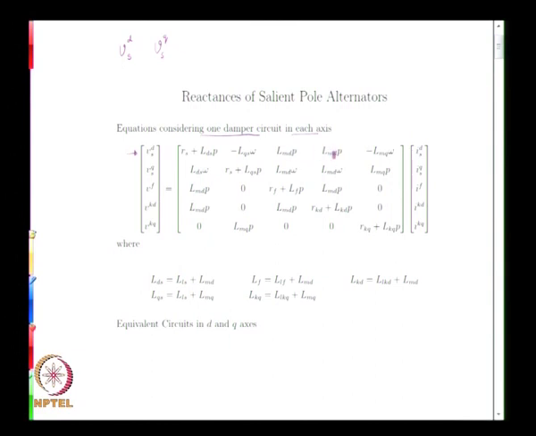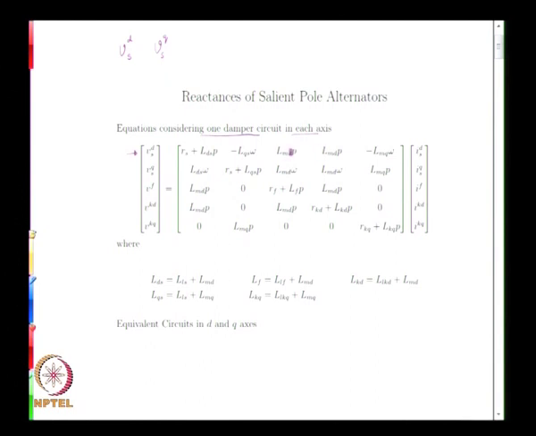These two represent the mutual effect between the field and the d axis of the stator, between the direct axis damper and that of the d axis of the stator, and then the q axis you have a rotational EMF term.